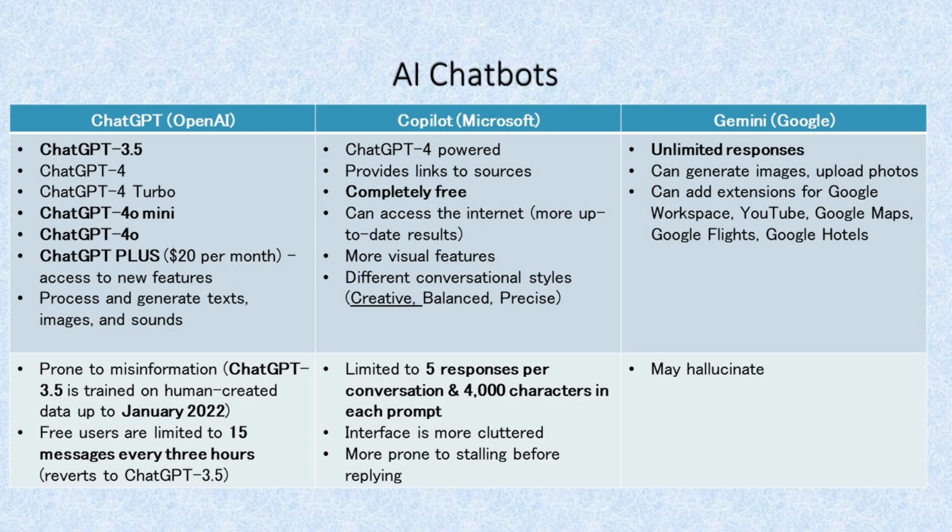It allows users to choose between different conversational styles, creative, balanced, and precise, making it adaptable to different needs and communication preferences. Conversations are constrained by a 5-response limit and a 4,000-character cap per prompt, potentially stalling complex discussions.